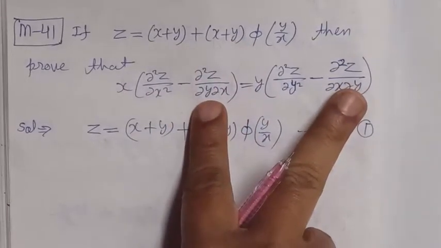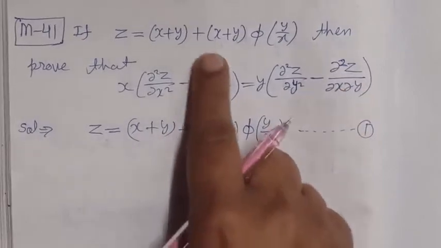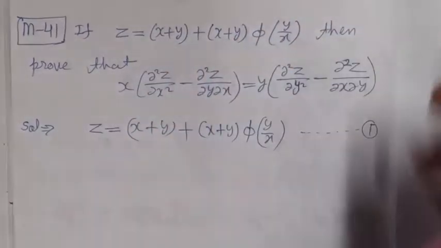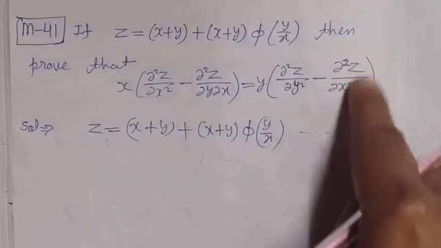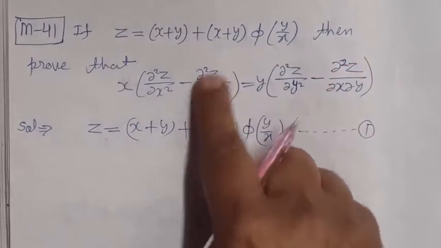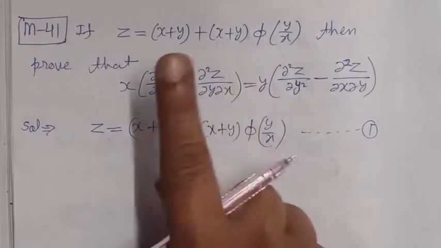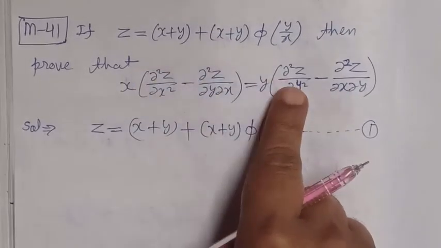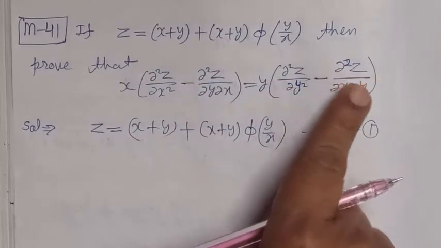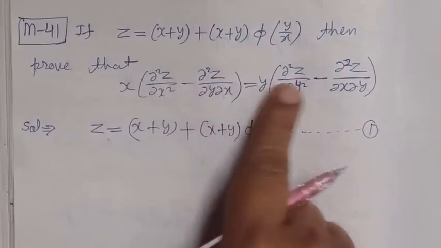So we will find only this value. If you want to find this value, you can do it as it, which will be equal. So I find all these values.